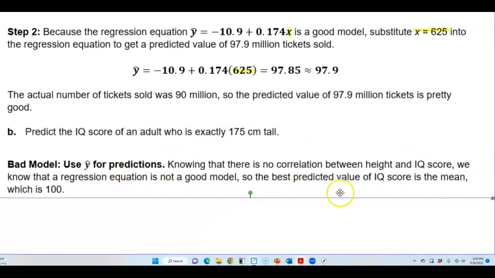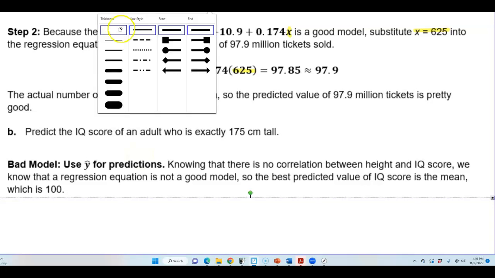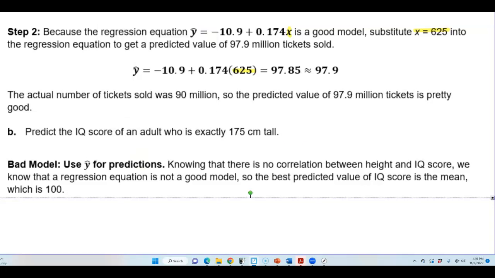So the best predicted value of IQ score is the mean, which is 100. We don't have the values to find the mean of that, but we would use the mean. From our data, the mean value of the y's would be 100, and that would represent the best predicted value.